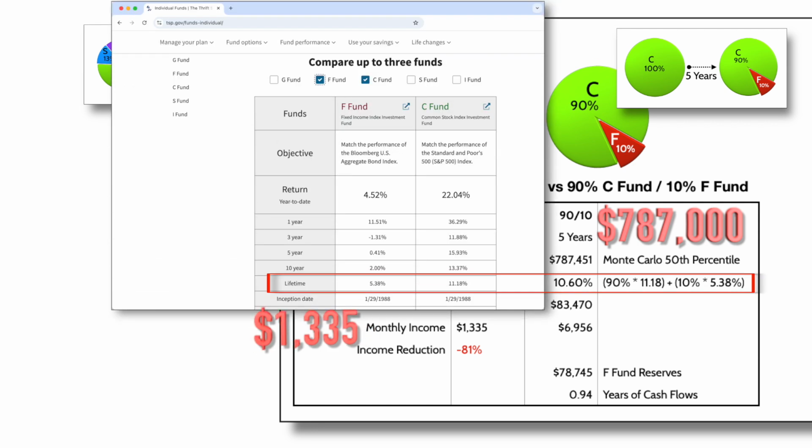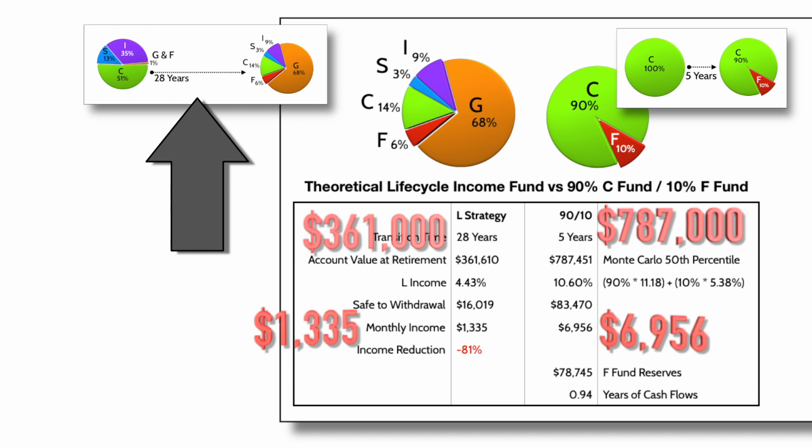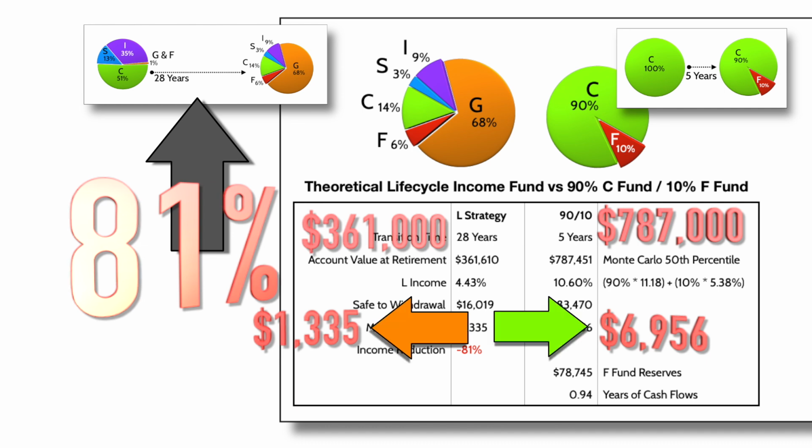And if we use the lifetime average returns of 5.38% for the F fund and 11.18% for the C fund, then this portfolio has an expected return of 10.6% per year. And 10.6% times $787,000 is $83,000 of annual income, or $6,956 per month, which means TSP's suboptimal strategy is costing participants about 81% of their potential optimized income in this scenario. And those are massively different retirement lifestyles.